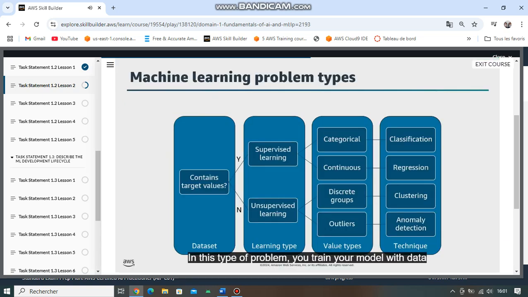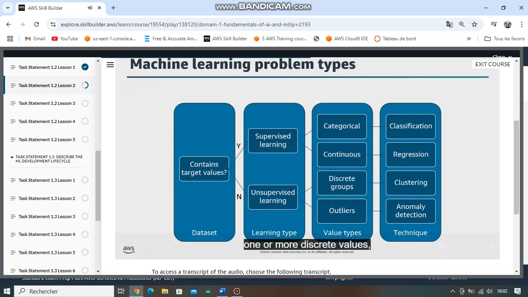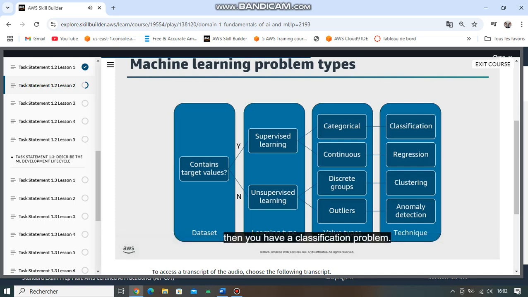In this type of problem, you train your model with data containing known inputs and outputs. If your target values are categorical, for example, one or more discrete values, then you have a classification problem.